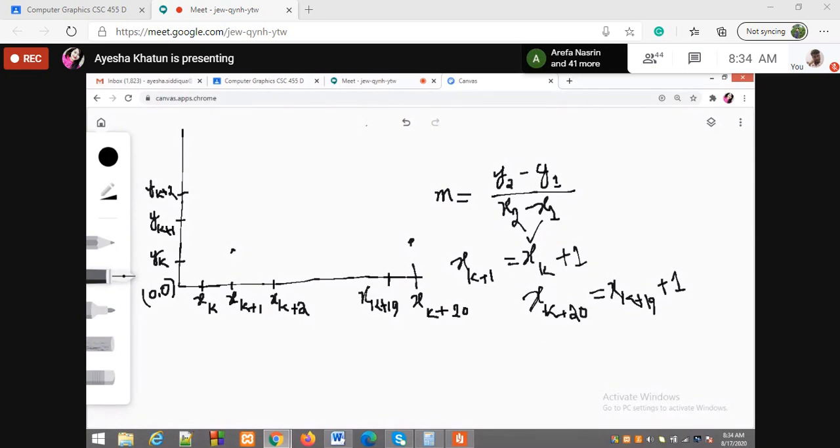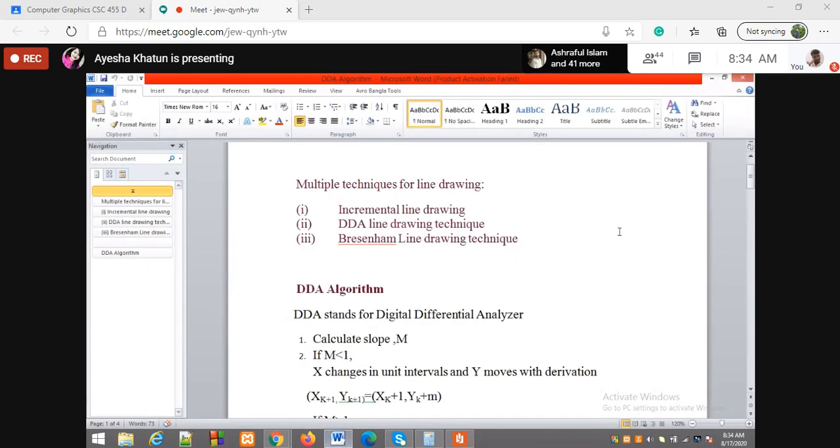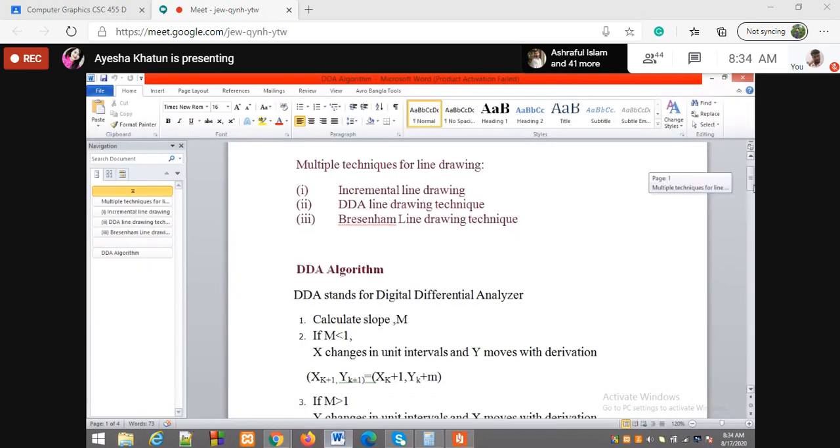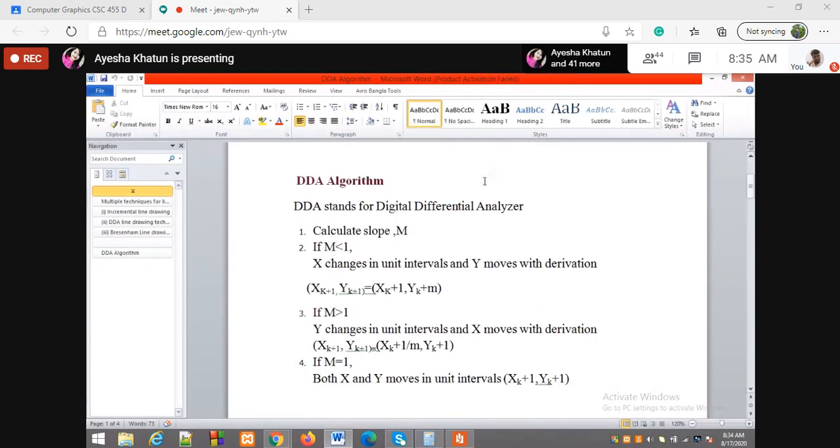So now we see the actual algorithm, the DDA or Digital Differential Analyzer. In this algorithm, first you have to calculate the slope, that is m. So slope is equal to the change along the y-axis divided by the change along the x-axis.